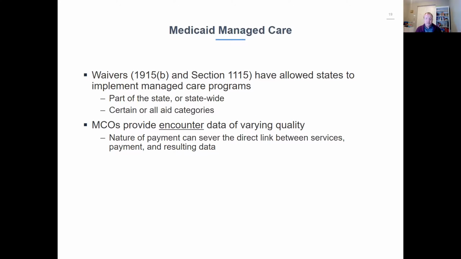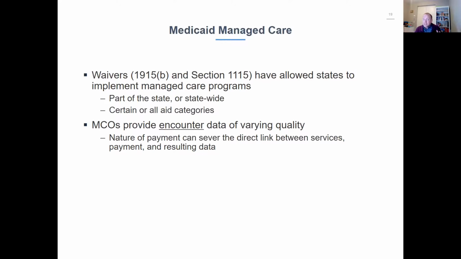So what this means is that there is data of varying quality and varying completeness of what all happens. If you're thinking about things like diagnostic codes, the diagnoses associated with that claim form, that's where we normally get them from in fee-for-service, in these claim form lines.